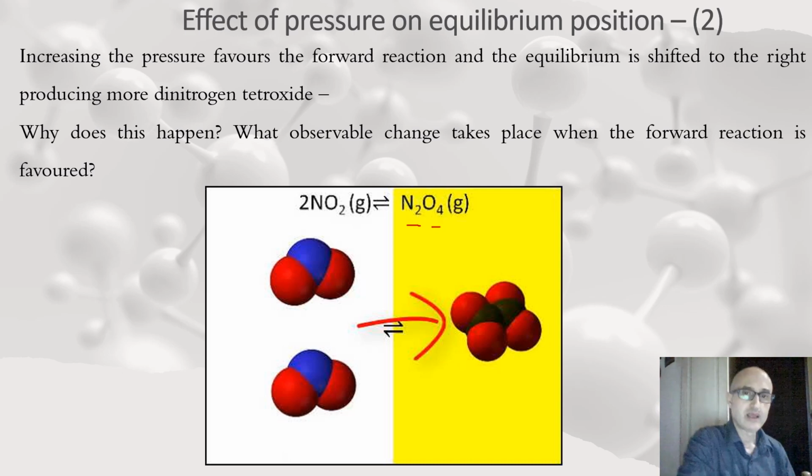Now, in terms of pressure, what is important is always to note the moles of reactants and products. So, starting from the left-hand side, we have 2 moles of nitrogen dioxide, and on the right-hand side, we have just 1 mole of dinitrogen tetroxide.